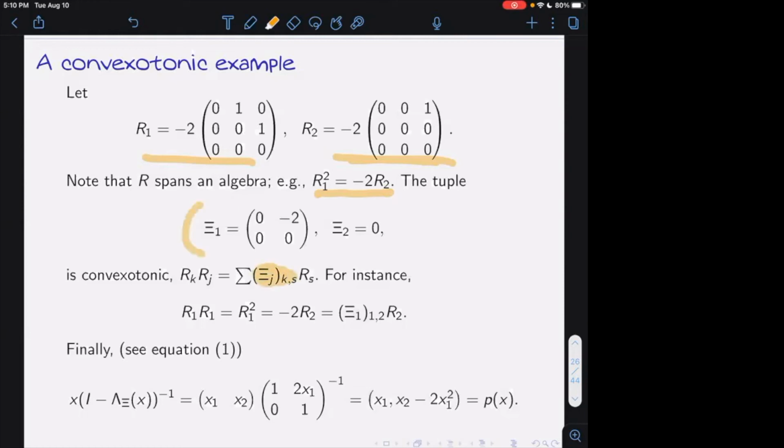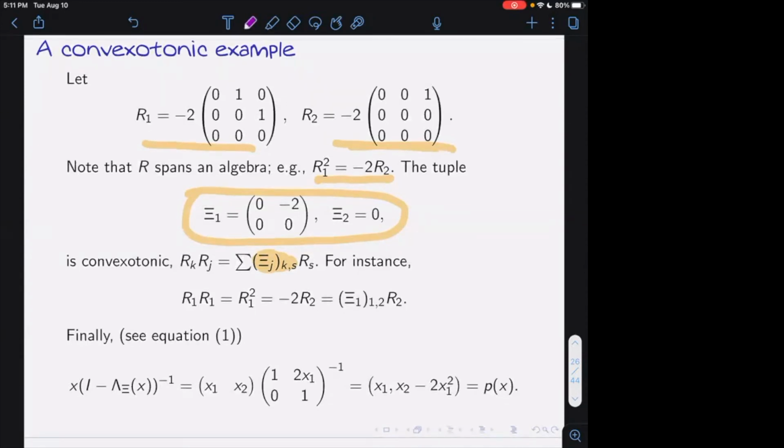Well, here it is. It's rather simple. And then the corresponding convexitonic map, again, you just plug things in, and you end up with this polynomial P from an earlier slide.